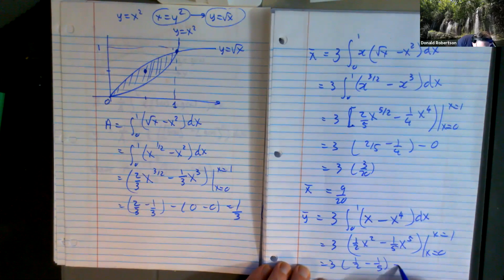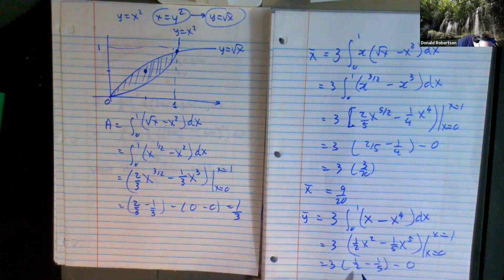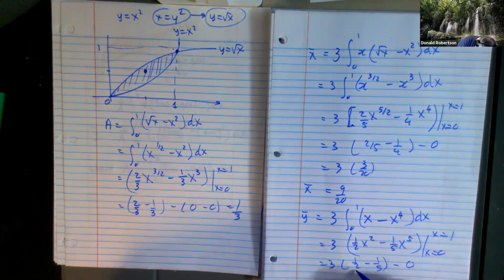Take away a lot of the zeros. Oh, darn. Turn them into tenths. 5 tenths, take away 2 tenths, gets you 3 tenths.